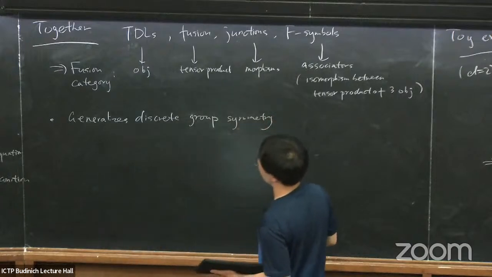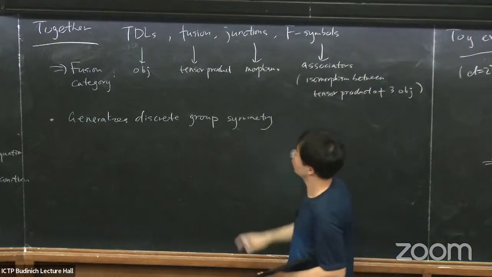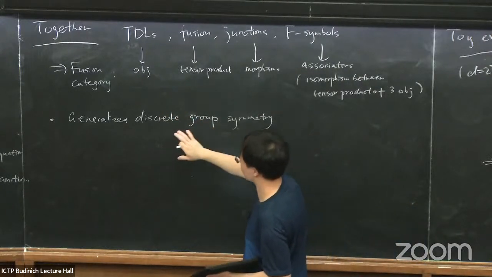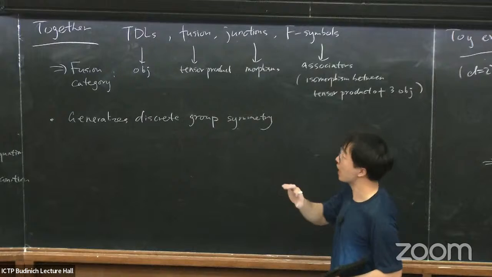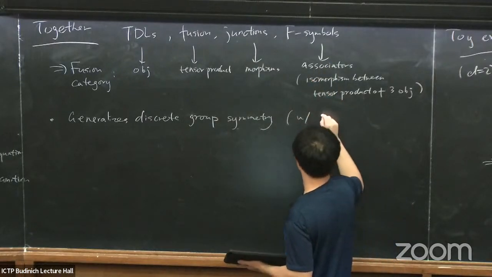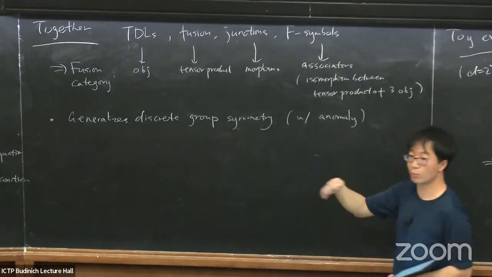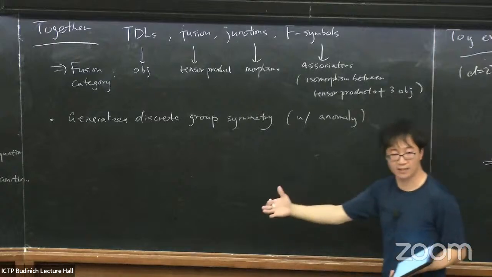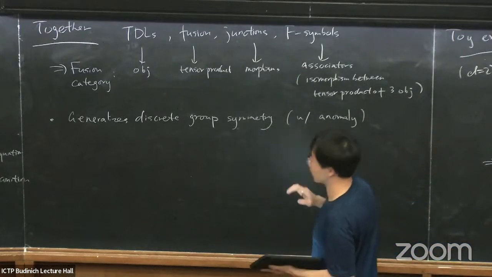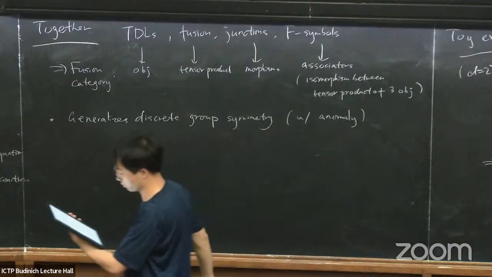In particular, in a special case, when all the topological defect lines are invertible and correspond to some group, the fusion category is nothing but the usual discrete group symmetry, but at the same time, keeping track of the anomaly through the F symbol. So it's in a sense containing more data than the group, but the data it contains is precisely what we care about in physics. There's an anomaly associated with discrete symmetry.